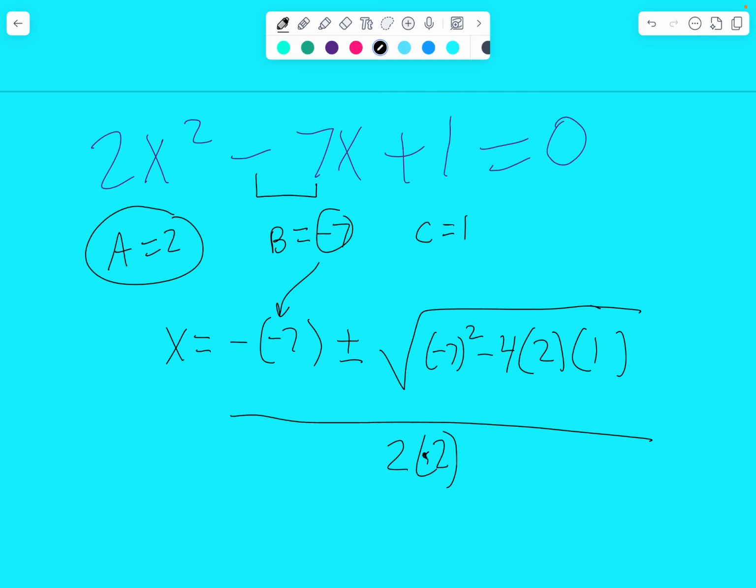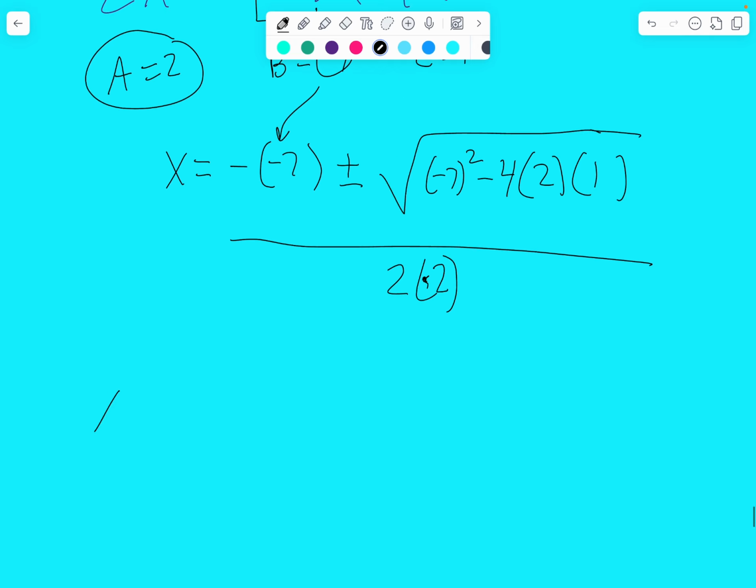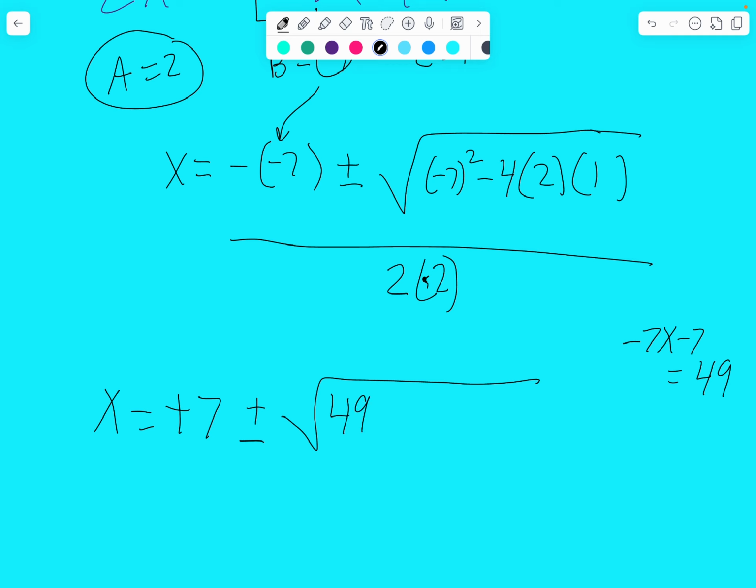Okay, there you go. So what's negative times negative 7? Well, remember there's an invisible 1. So it'd be a negative times a negative, I told you guys, was a positive. So it'd be positive 7 plus or minus the square root of negative 7 squared, which is negative 7 times itself again. What's negative 7 times negative 7? 49. 49 minus, what's negative 4 times 2?